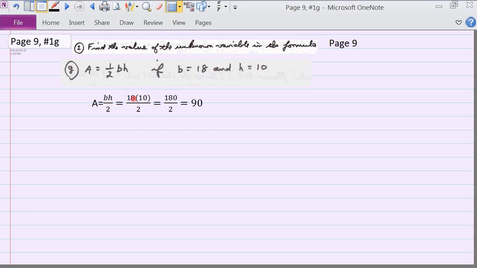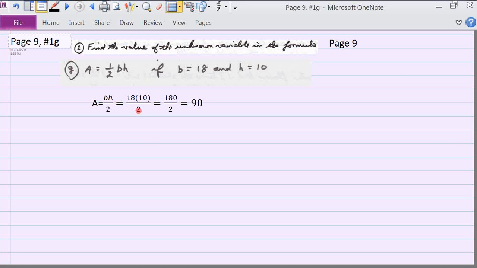So we substitute B is 18, we substitute H is 10, we divide by 2, so we get 18 times 10, 180, divided by 2 is 90. Now we could have divided 2 into 18, which would have given us 9, and 9 times 10 would have given us 90.